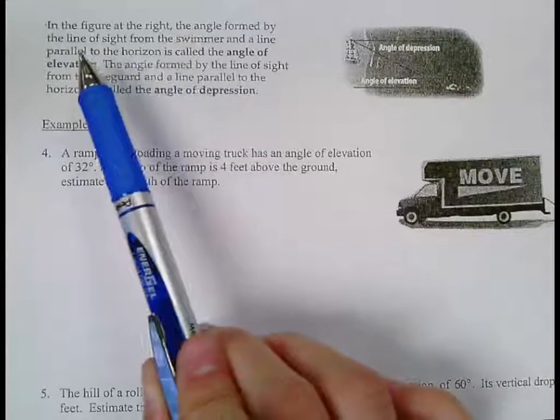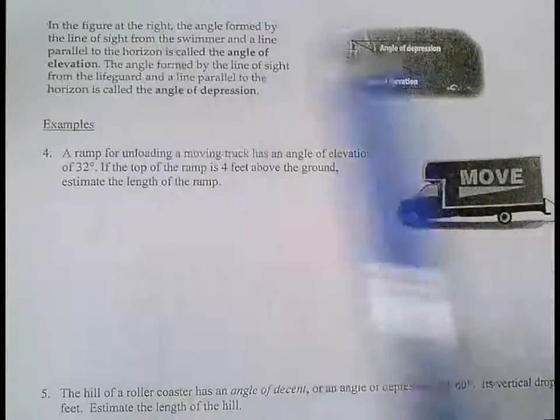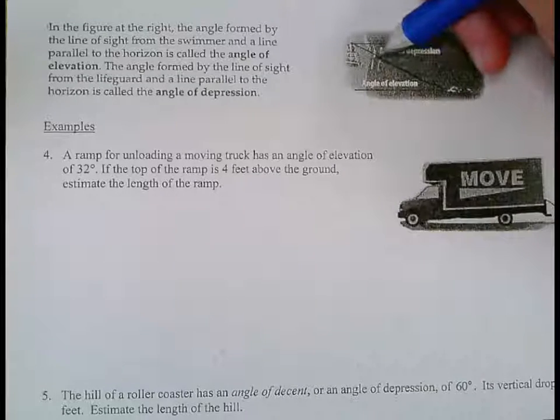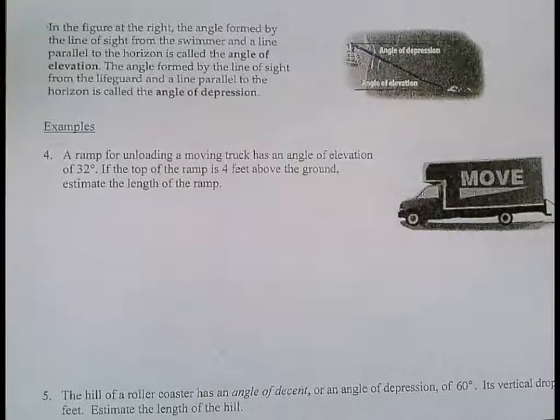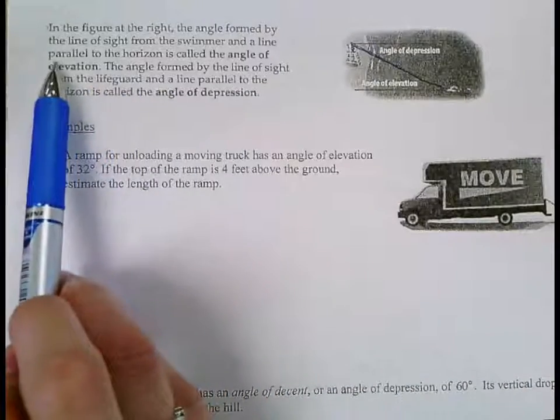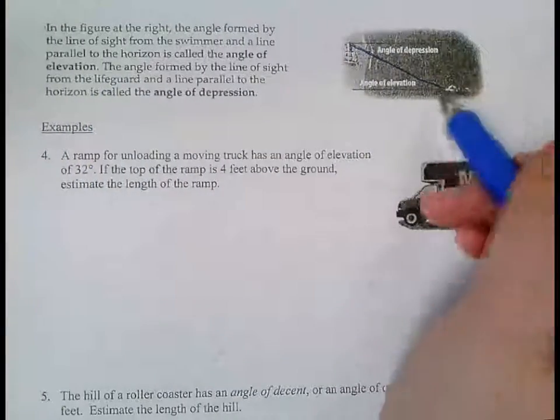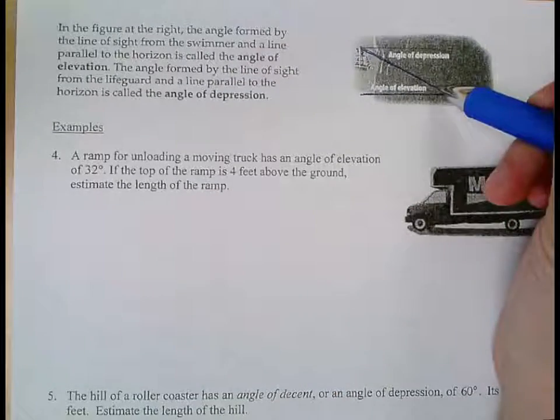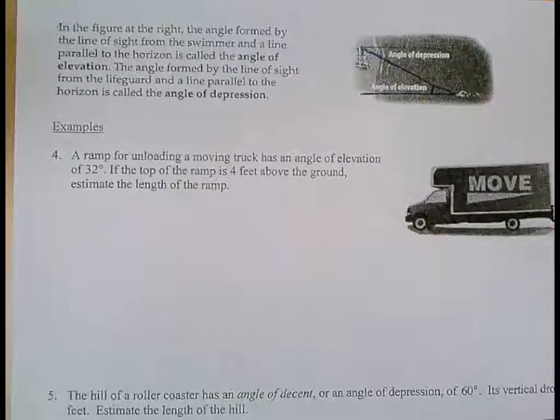The angle formed by the line of sight from the swimmer to the lifeguard and a line parallel to the horizon from the swimmer would be an angle of elevation, because from the horizon your angle is going up.